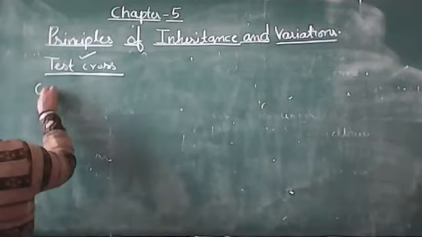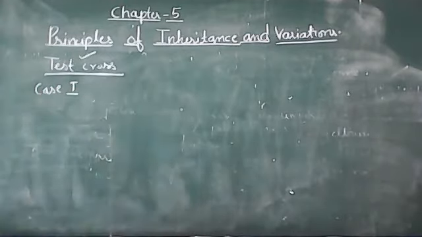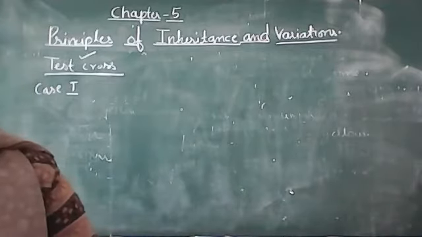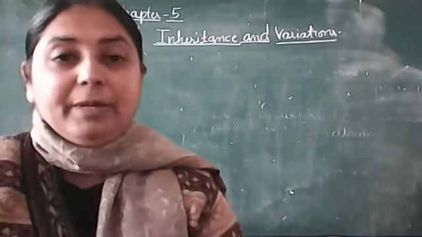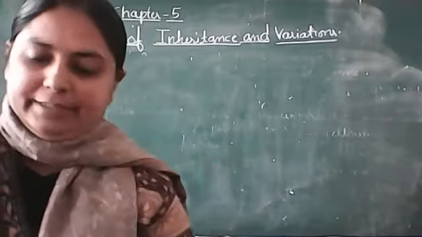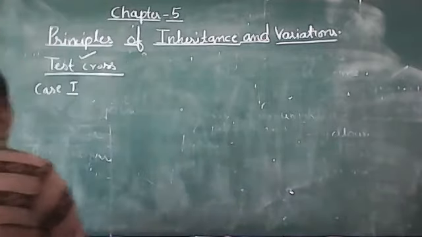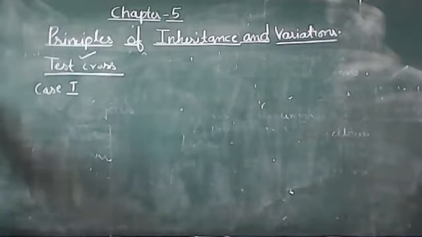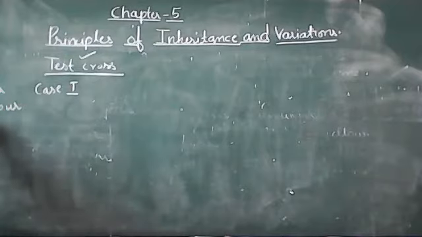So how do we do this cross? Always remember, in a test cross, one of the parents is always a homozygous recessive parent, and the other parent may be homozygous dominant in nature, or it may be a heterozygous parent. So I am taking case 1, where the character is flower color in pea plant.